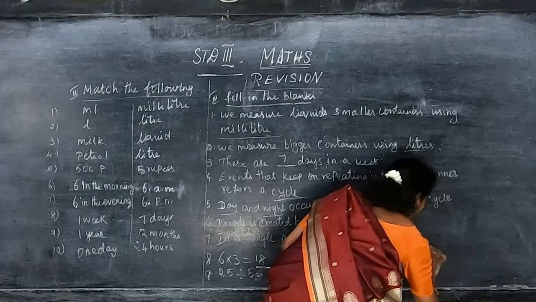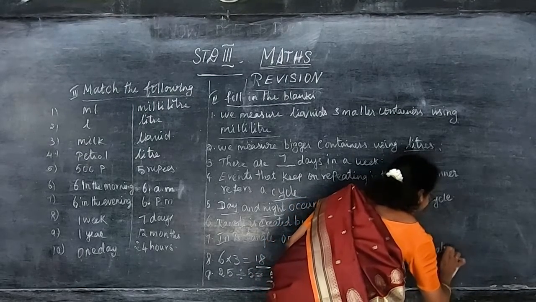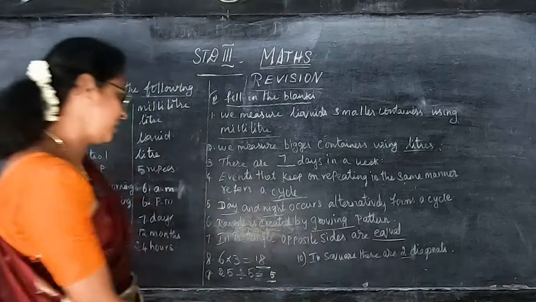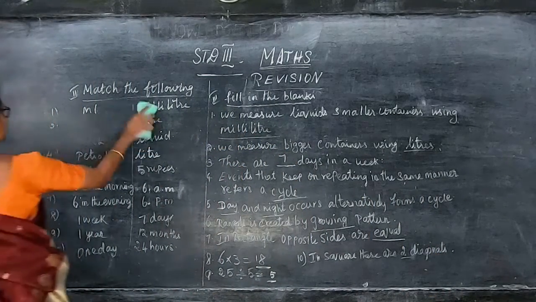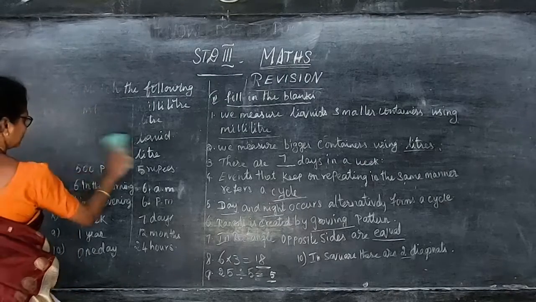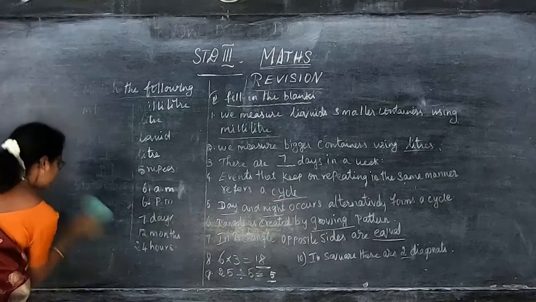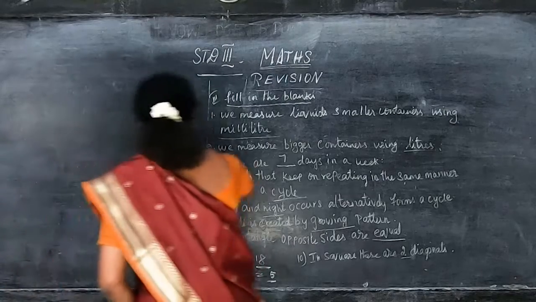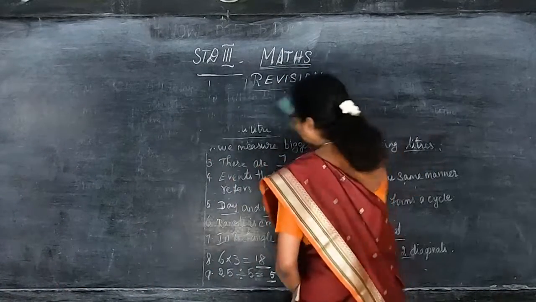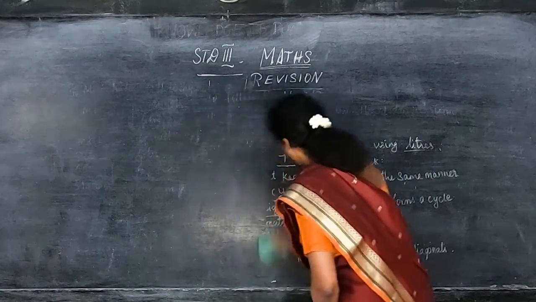So these are the fill-ups for you. I can give any 5 fill-ups, okay, children. And now we will move on to the sums. So 10 match, 10 choose and 10 fill-ups are given. From this only I am going to give everything.